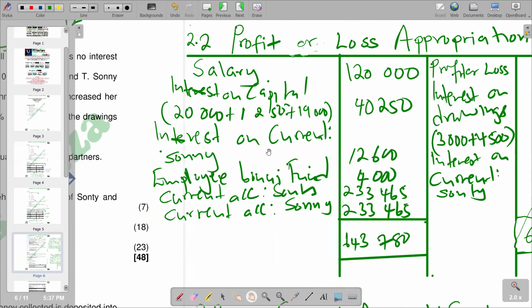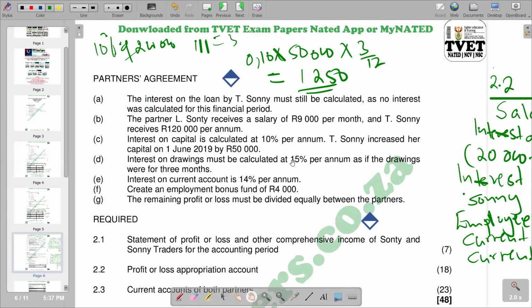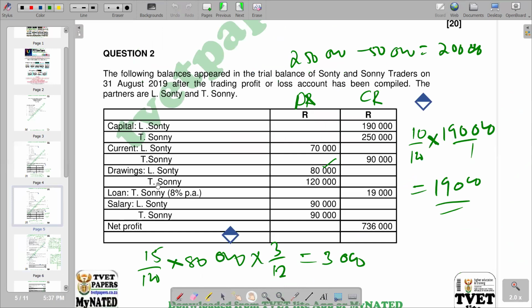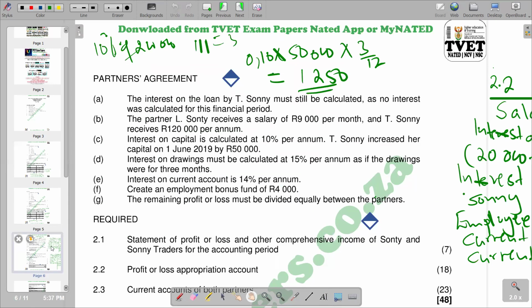And we check for Sonny, what's the salary? For Sonny, we are told that Sonny receives 120,000 per annum, but this is the expected salary, and we check what was paid and what was not paid. What was paid for Sonny was 90,000. So we say 120,000 minus 90,000.